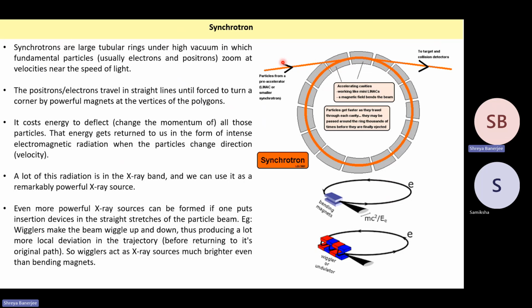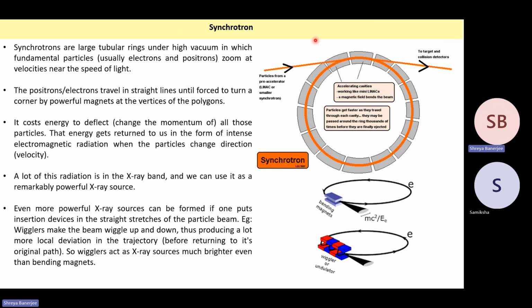So if you remember what happened in the continuous X-ray, the electron was coming, passing through the atom and getting deflected, and the loss in acceleration was obtained in the form of continuous X-rays. Synchrotron has a similar but much more advanced setup, where you have electrons or positrons moving, and at the end of each of these gray units, there are powerful magnets which constantly change the direction of the electron or positron.